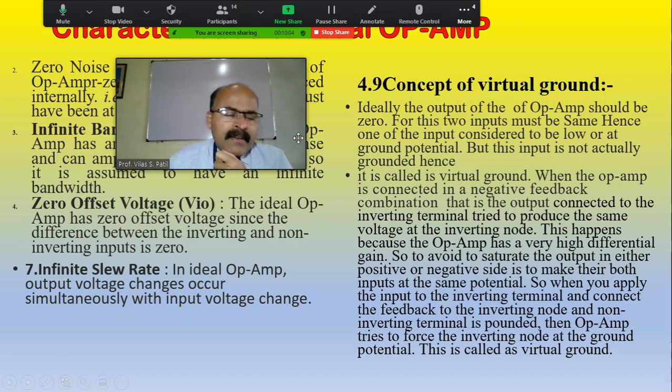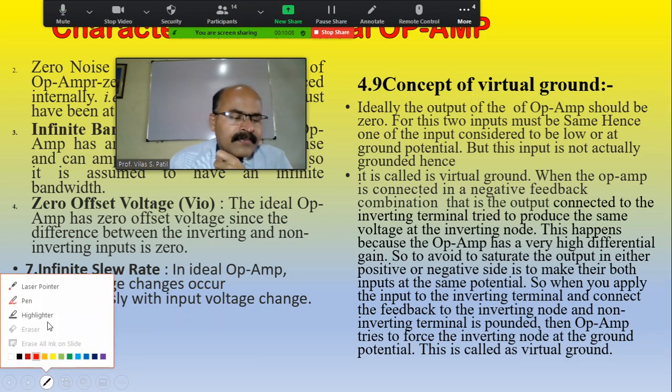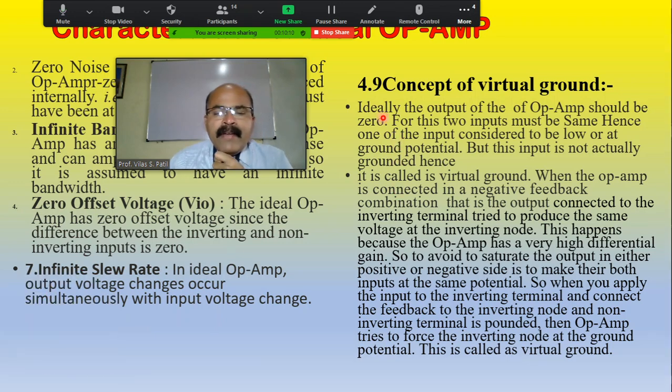Ideally, see here, I am taking the laser pointer. Ideally, the output of the op amp should be 0 if there are common inputs, that is, if both the inputs are the same.